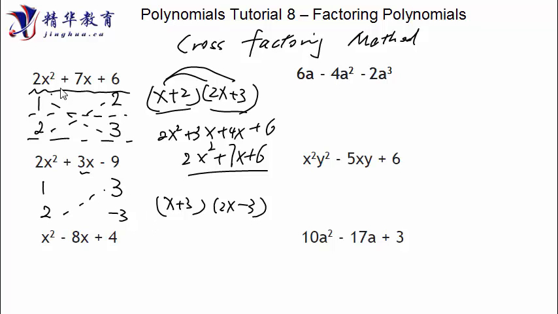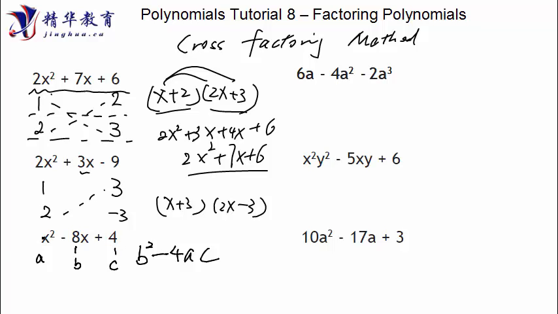I'm going to show you something called the discriminant, or you can think of it as just a formula: b squared minus 4ac. What does b mean? b means the second term of the trinomial. The coefficient of the first term is a, which is here, and the constant term is c.